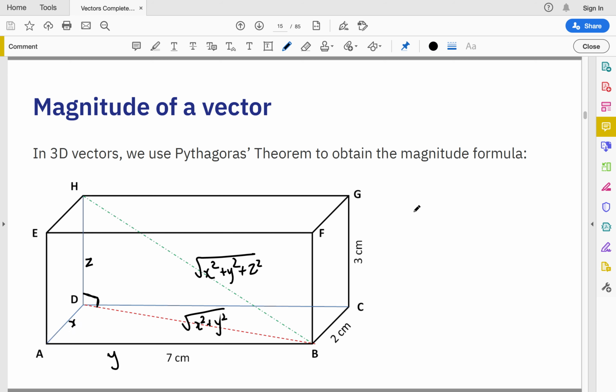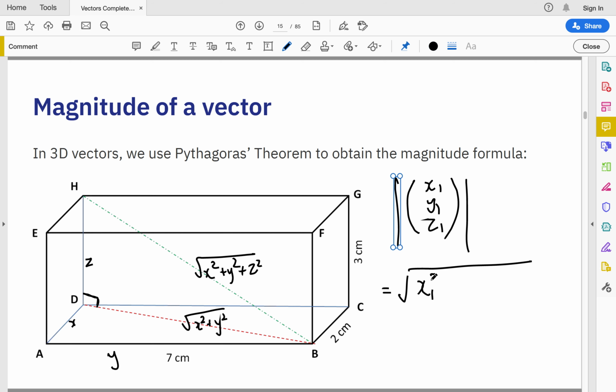So in general, if we have a vector x1, y1, z1, the magnitude of this vector, which is the length of this vector, would be equal to square root of x1 squared plus y1 squared plus z1 squared. So this is the formula for the magnitude of a vector.